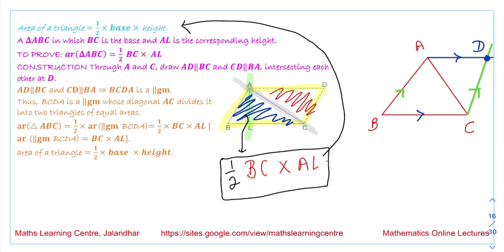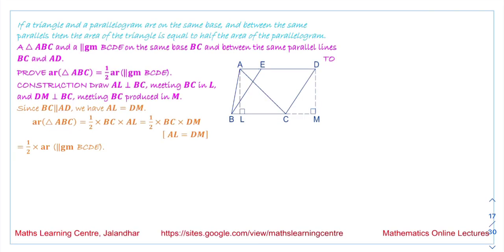Now the next question we have is that if a triangle and a parallelogram are on the same base, we are talking about a triangle over here, that is ABC, and a parallelogram, that is BCDE. Both these figures are on the same base and lie between the same parallels.